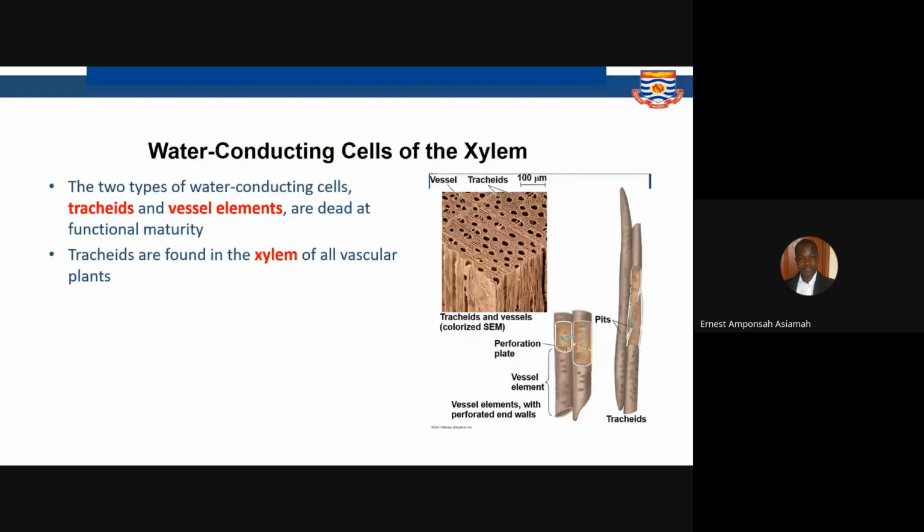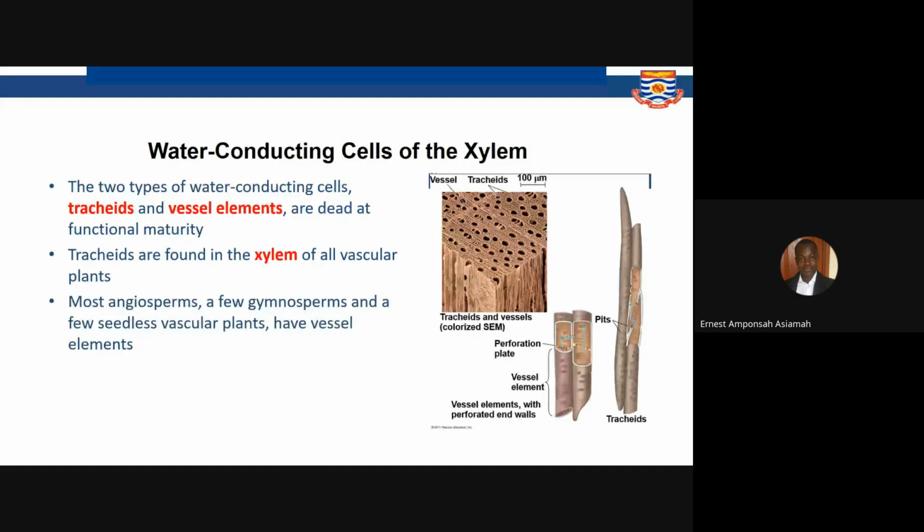Tracheids are found in the xylem of all vascular plants. And one thing about these tissues is that they are dead. By the time they reach functional maturity, they are dead cells, and they only help in transporting these substances.